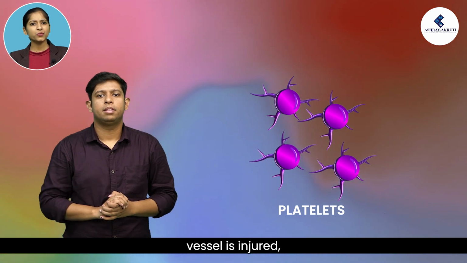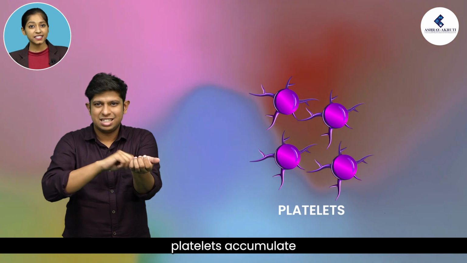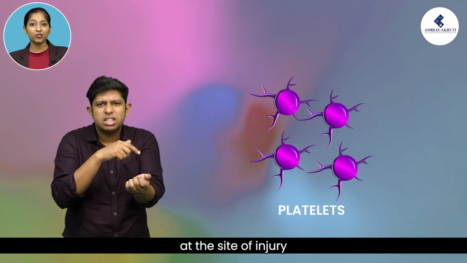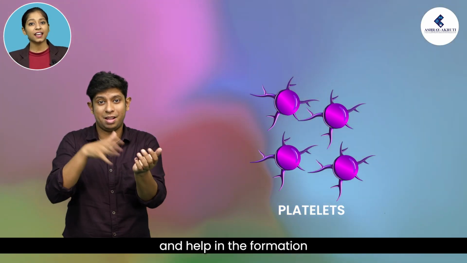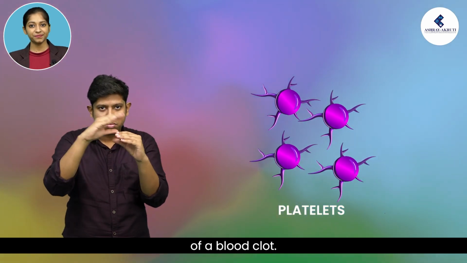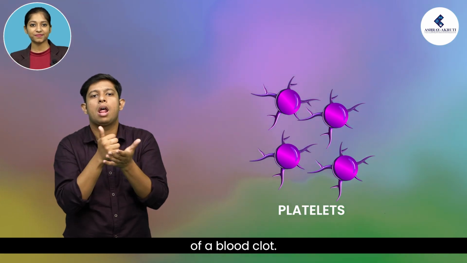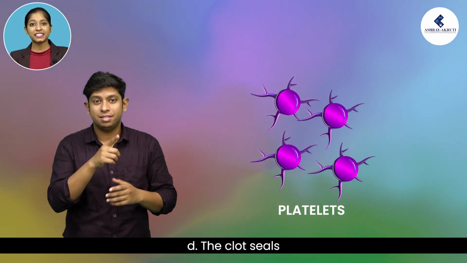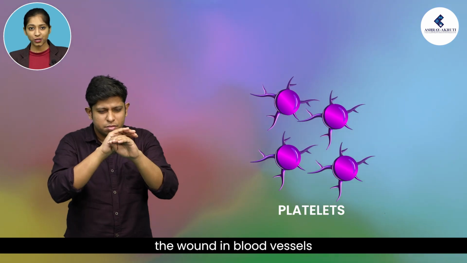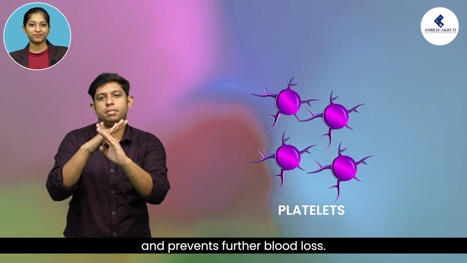Whenever a blood vessel is injured, platelets accumulate at the site of injury and help in the formation of a blood clot. The clot seals the wound in the blood vessels and prevents further blood loss.